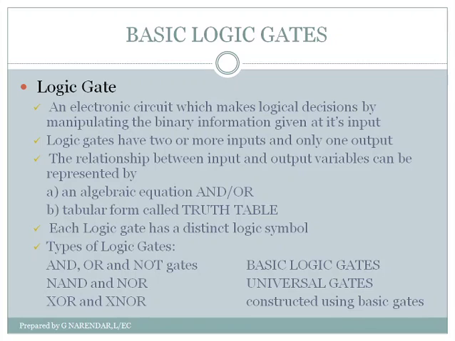The truth table represents all possible combinations of inputs, and for each combination of inputs it shows what the value of the output variable is.